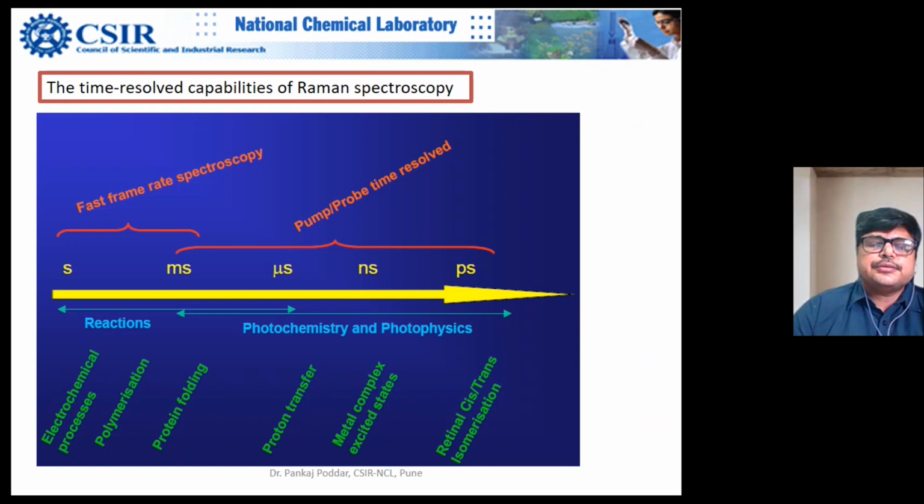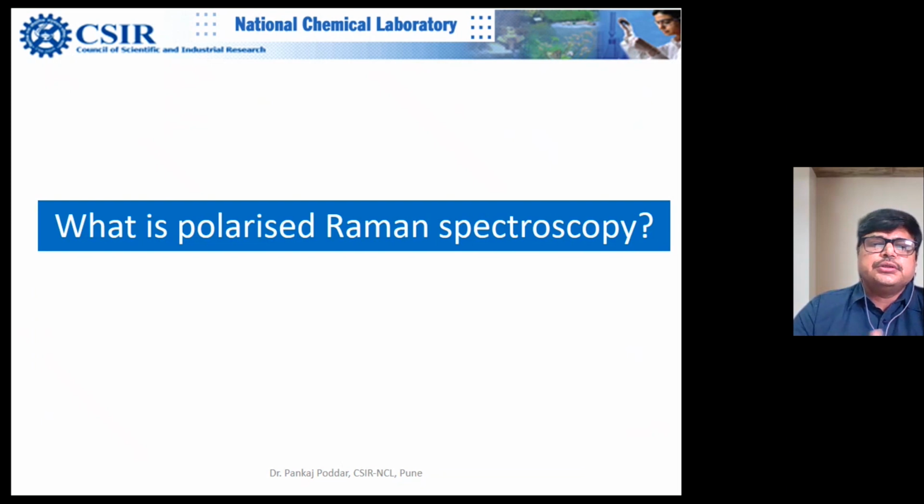If you are interested in a time snapshot, then you should do time resolved Raman. There people use pulsed laser actually. If you use very ultra fast pulse lasers, depending upon how fast it is, you can capture different processes. It's like one frame of an entire movie.